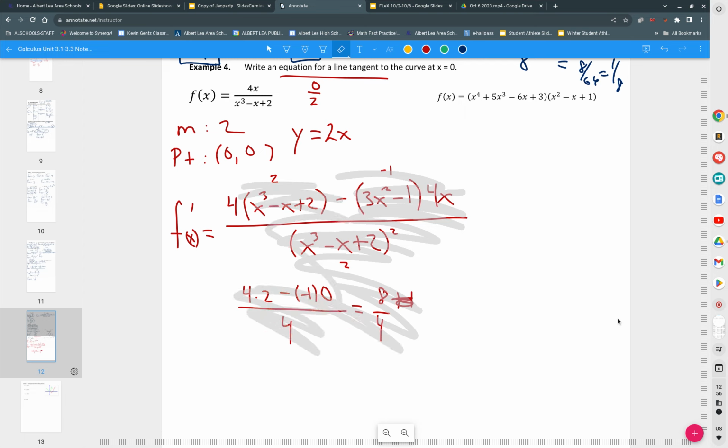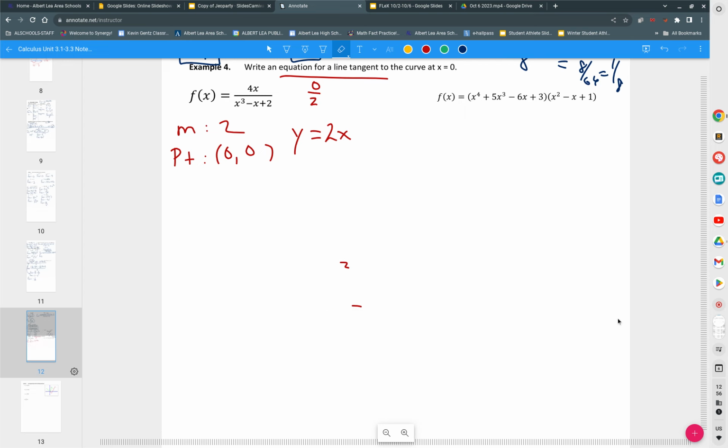Next one, same business, except what rule do you have to use? Product. The product rule. I need slope, I need a point. It tells me the x value is 0. What's the y value? It is 3. How'd you get that? Because you plug in the 0 and then you have 3 times 1.